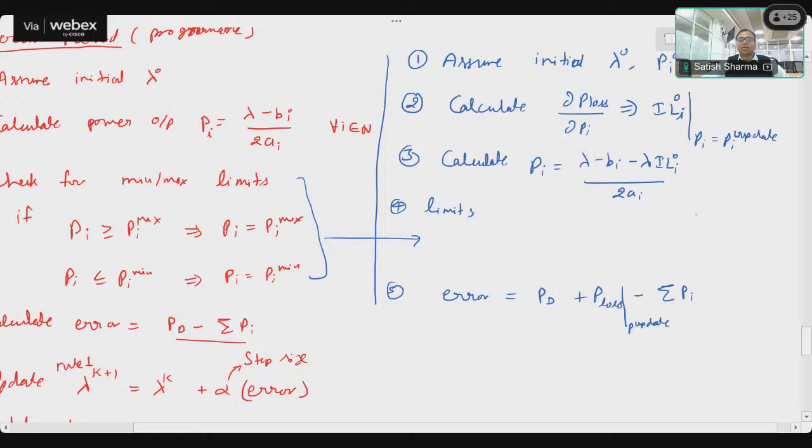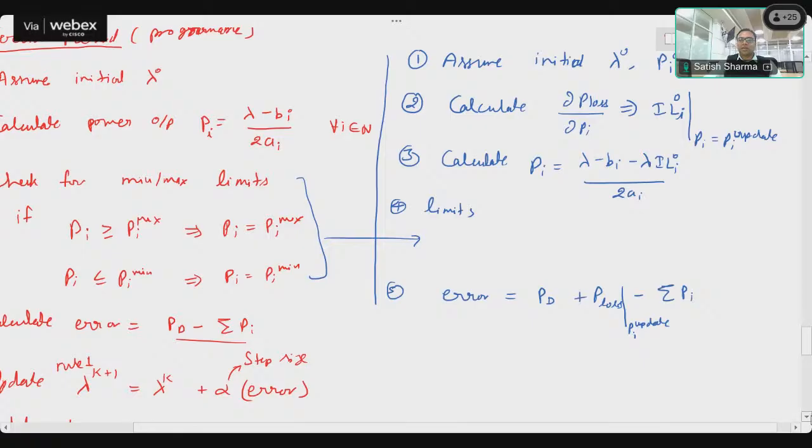So we have calculated some pi in step number 3. Then we enforce the limit in step number 4. After the output of step number 4, we will have some updated pi, and for those updated values we can calculate the losses as well. So the losses are calculated again with the updated pi values.